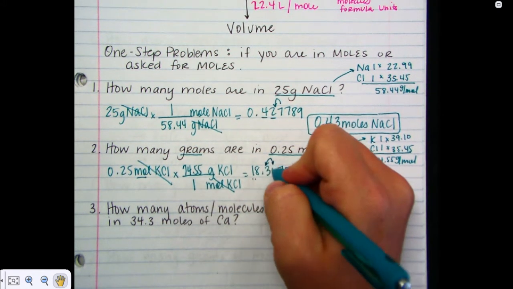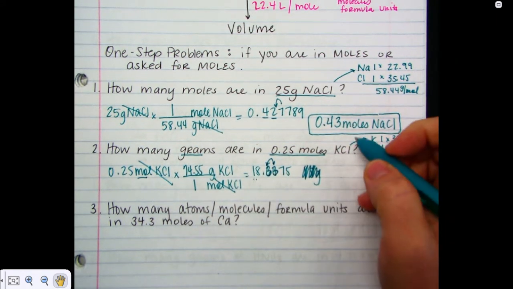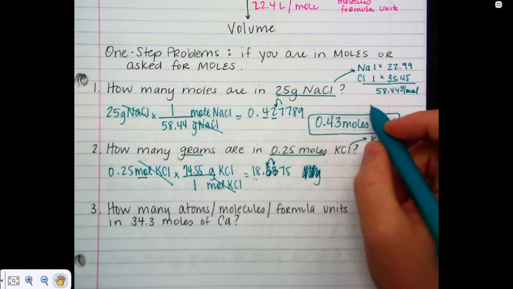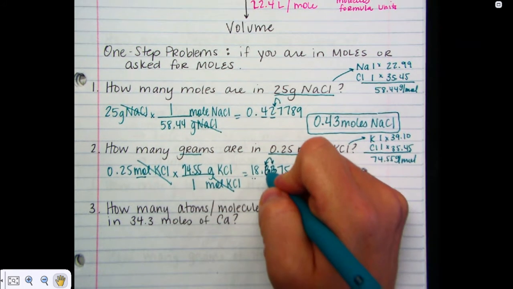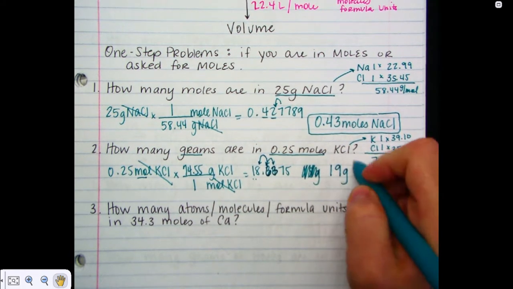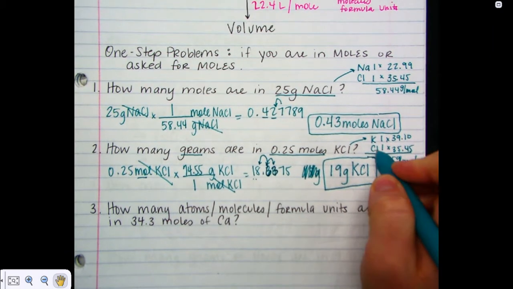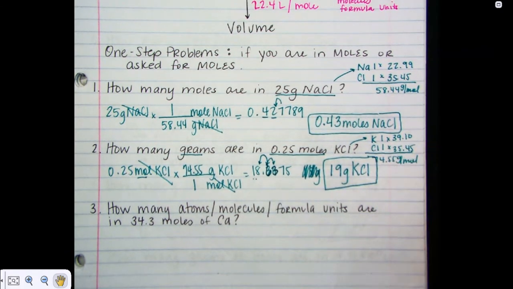Darn my number dyslexia. This is a 6. This is a 3. This actually is going to round. 18.6375, not what I had written down. The 6 does round. This is 19 grams of KCl. All right. Pays to look at that calculator more carefully, huh?